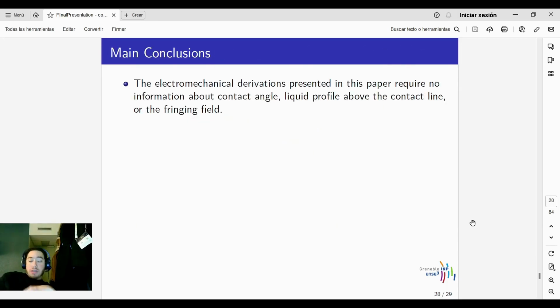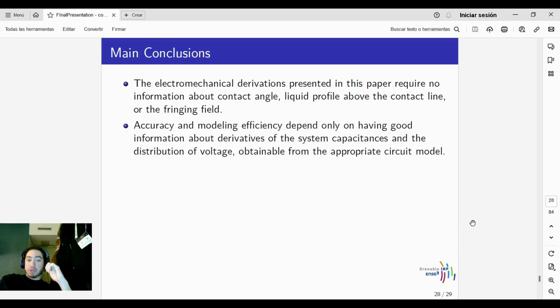So at the end, we can get some main conclusions in the paper. The first one: the electromechanical derivations that are presented have absolutely no dependence on the contact angle or the liquid profile of the drop at the contact line with the surface, and they also have no dependence on fringing fields, which are considered negligible in these cases, where the thickness of the dielectric is considered very, very small.